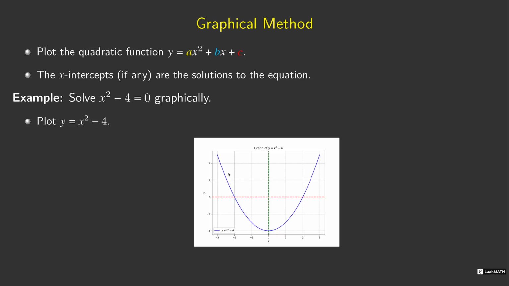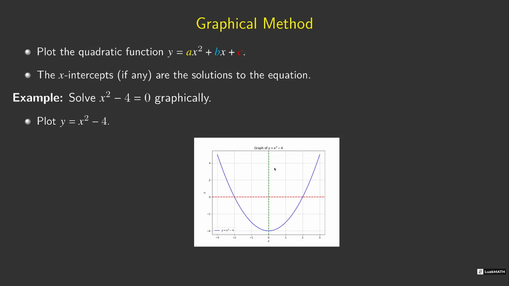So when you graph y equals x squared minus 4, this is what it looks like. Remember, I told you in the beginning that a quadratic equation is a parabola. So this is what a parabola looks like. You can see down here the blue line, that's the equation we're trying to solve.